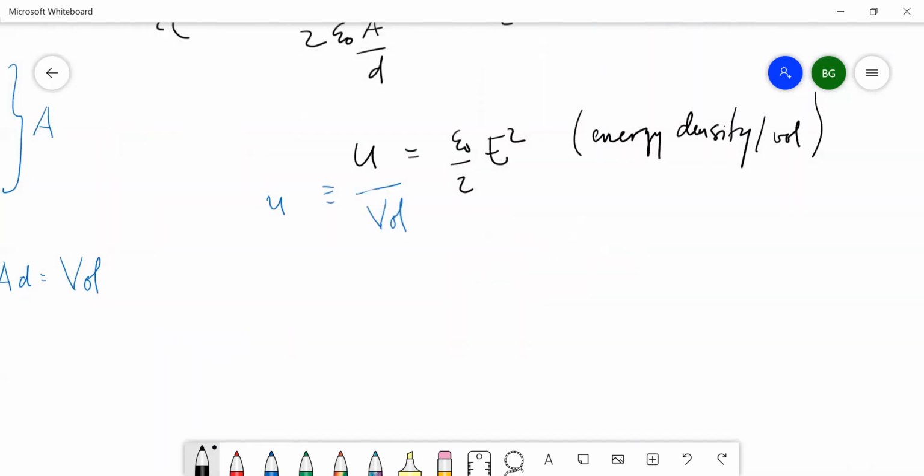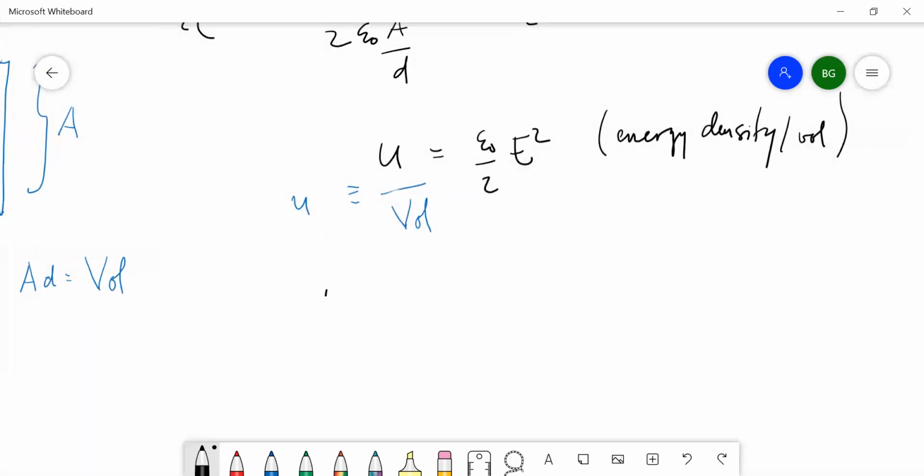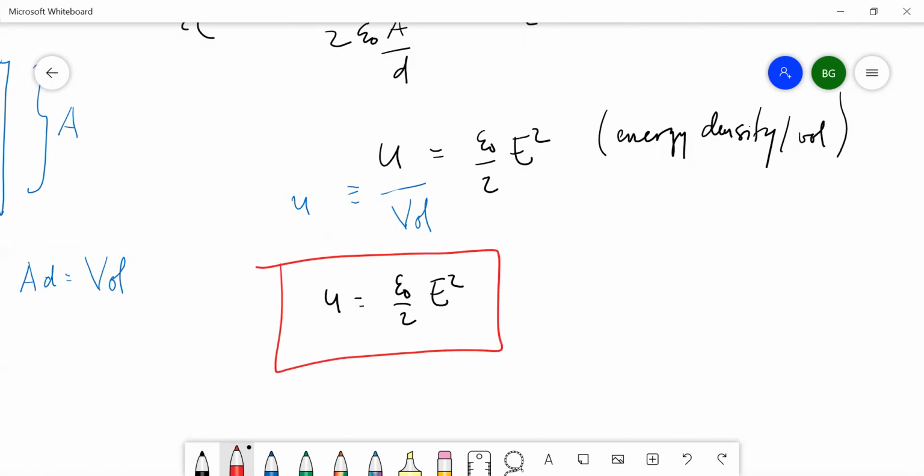Although I derived this formula from a parallel plate capacitor, this form, epsilon 0 over 2 E squared, holds in general. For electrostatics, this formula is valid for every object, every charge distribution, every shape, every case.